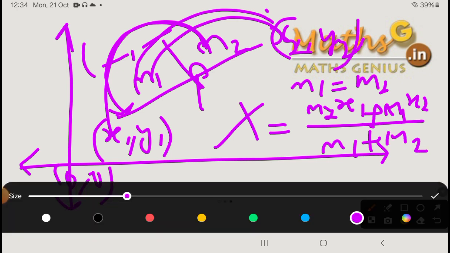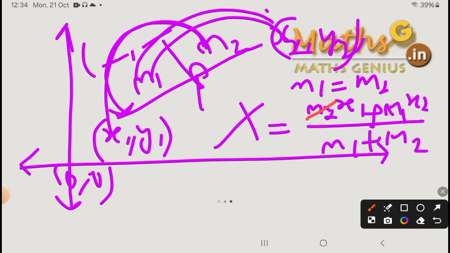Now replace all these m1 m2s by one particular thing m, क्योंकि they all are equal.